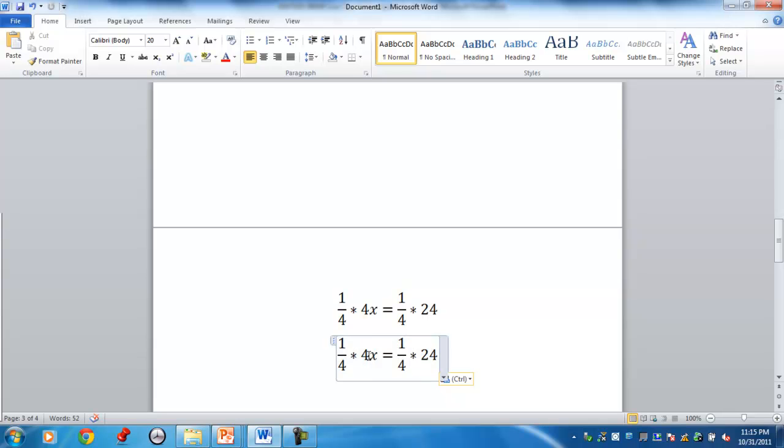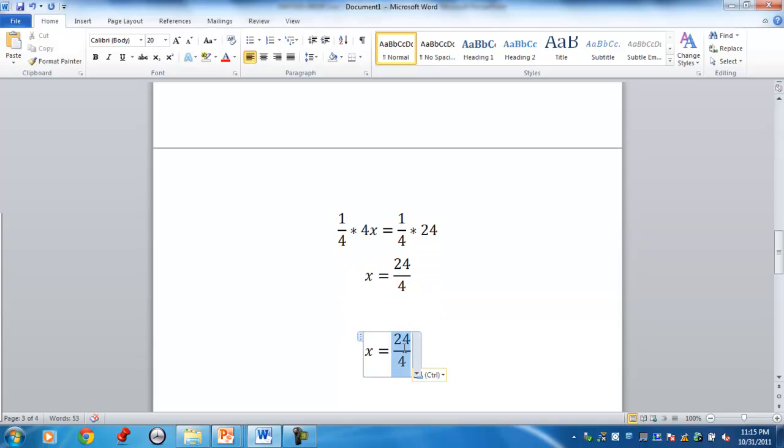They'll cancel each other out. 1/4 times 24 is the same as saying 24 over 4, which is just 24 divided by 4, and as a result, we will come up with a value of 6.